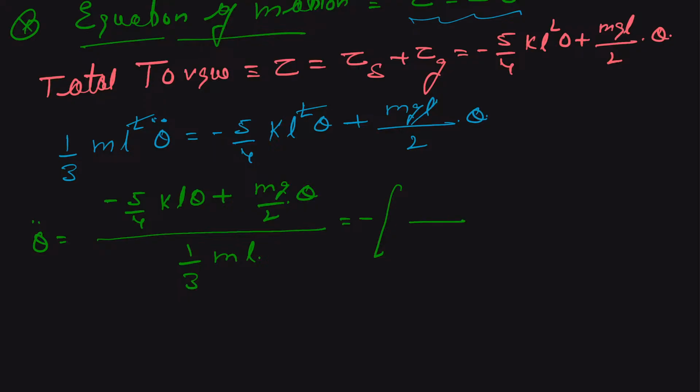This will be 15 k L over 4 m L, minus 3 mg over 2 m L, times theta. So here length and mass cancel out.